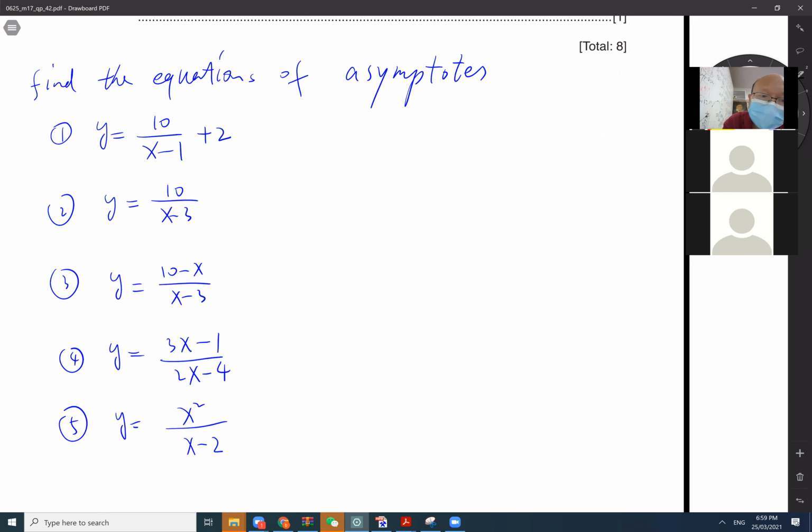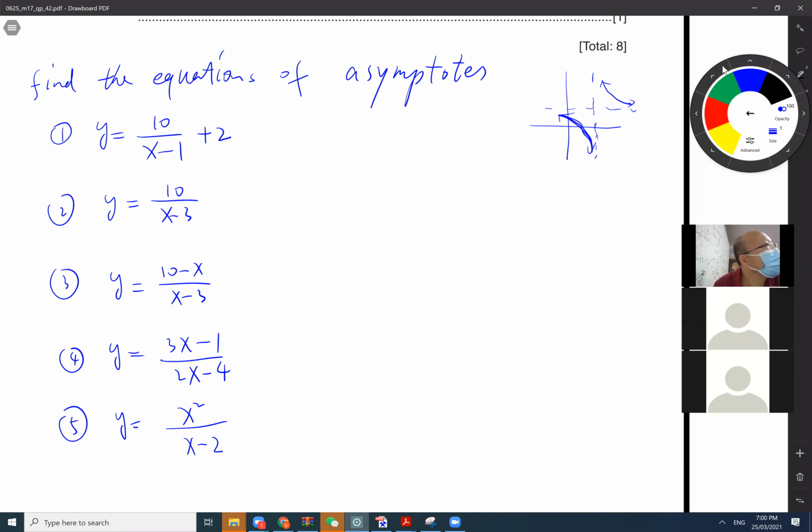By finding the equation, do we find the extent?